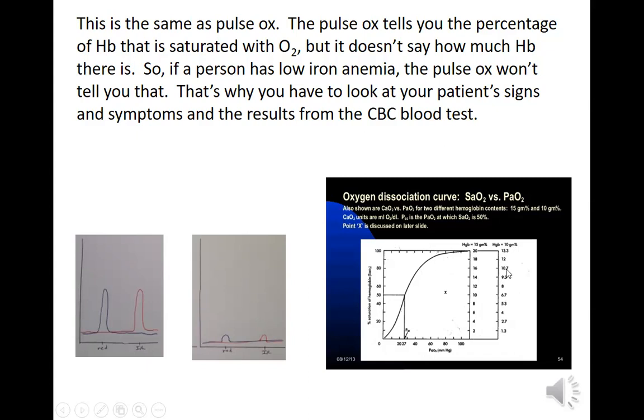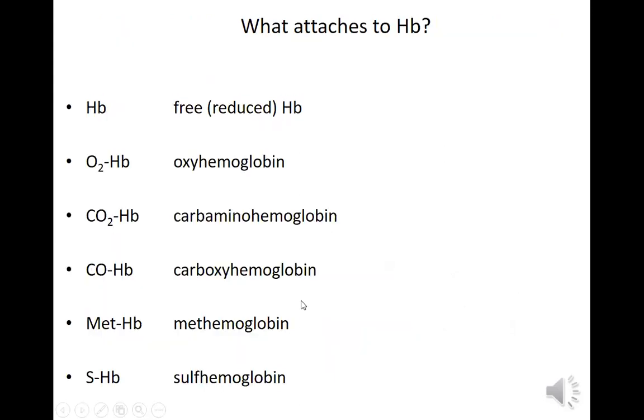Over here, if your hemoglobin is 10, it drops dramatically. So relatively small drops in these numbers of CaO2 can create a very large loss of oxygen carrying capacity in your blood. So that's really important.